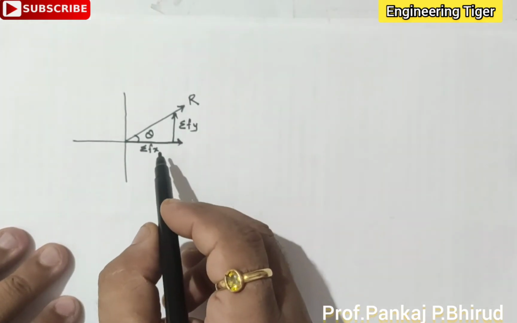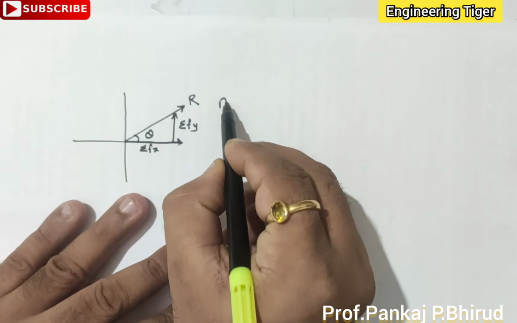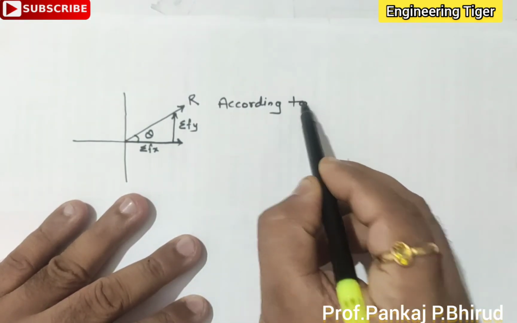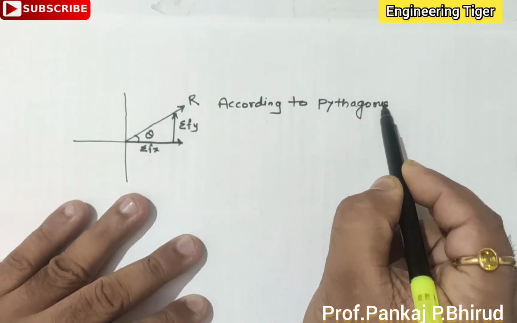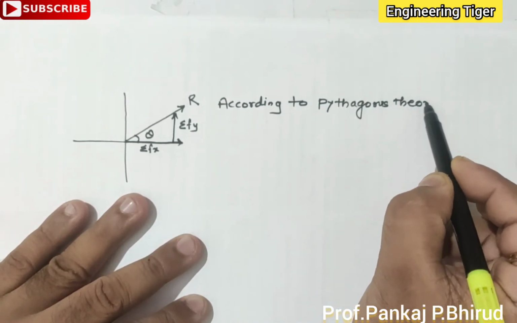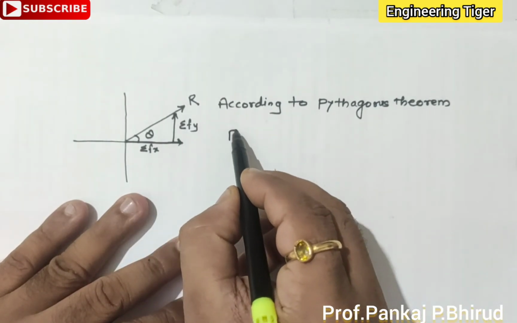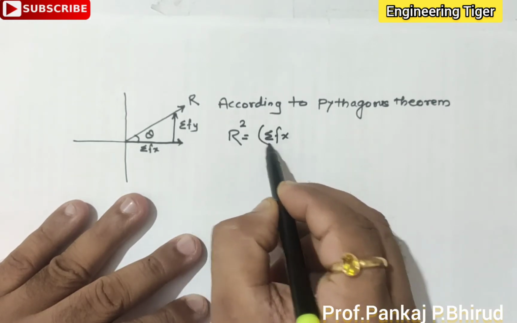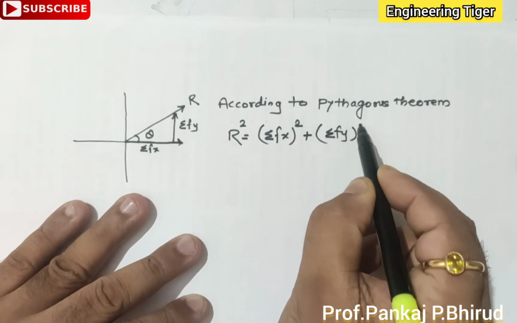By the Pythagoras theorem, the hypotenuse squared, that means R squared, equals sigma Fx squared plus sigma Fy squared.